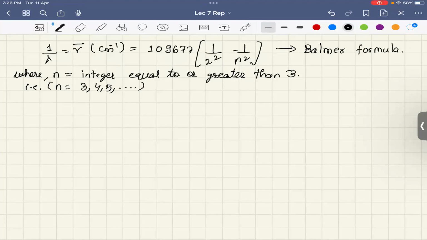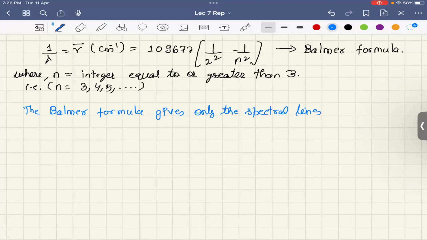However, the main limitation of this expression is that it gives lines only in the visible spectrum, right? Balmer formula gives only the spectral lines in the visible region.